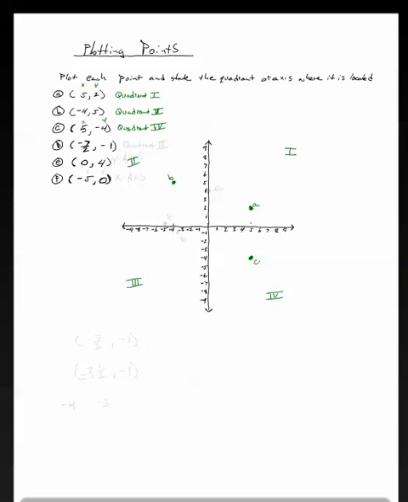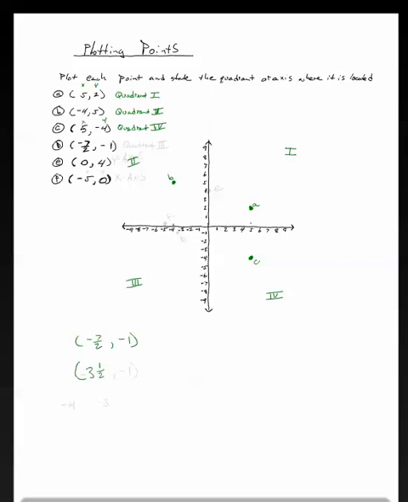Now, this next point, I'm going to write it down here, says -7/2, -1. These points are always easier to plot if you turn the improper fractions into mixed numbers. So instead of -7/2, we're going to say 2 goes into 7 3 times with the remainder of 1.